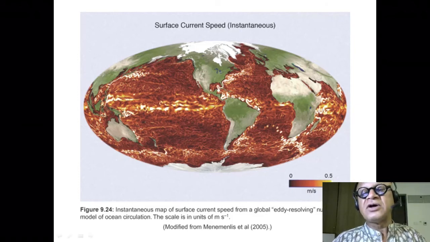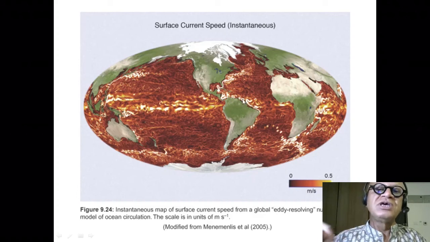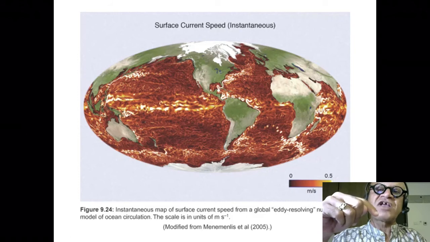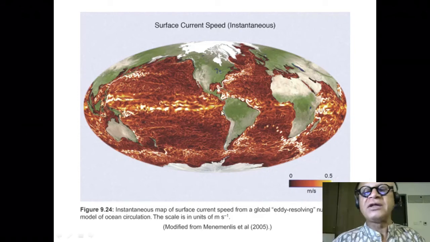And the rings also get shed here as the western boundary currents go along this sloping coastline. So this can also induce some interactions with the changing Coriolis effect with latitude and shed rings.